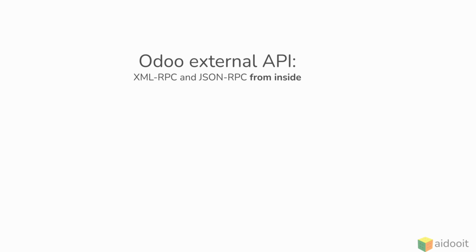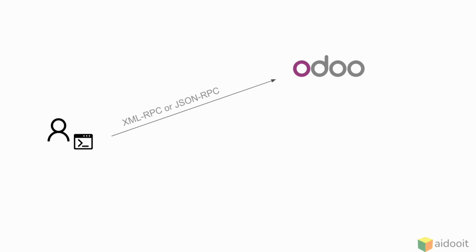Today we are going to talk again about the Odoo External API, but in this video we are going to check XML-RPC and JSON-RPC from inside. In a previous video I showed you how we can use XML-RPC or JSON-RPC from a Python script to read data from Odoo, but today we are going to focus on the Odoo side, how this external API is implemented in Odoo.